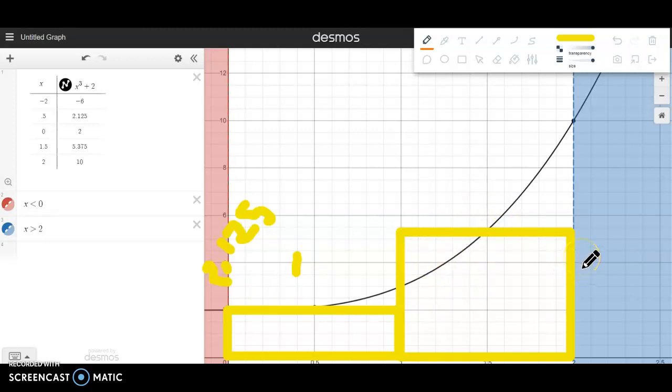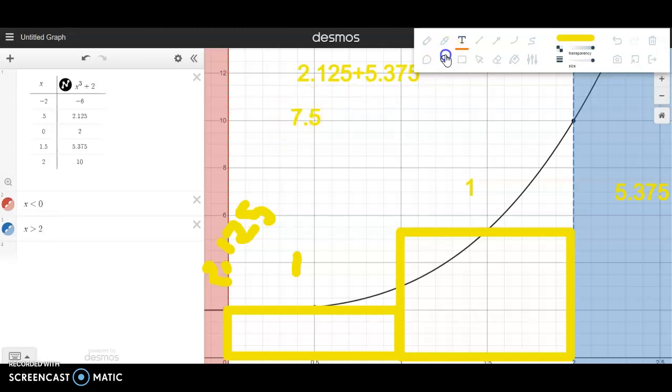The height at 1.5 is 5.375, and across is also 1 because that's our delta x. So we get 2.125 times 1, plus 5.375, which gives our estimated area. Adding those together, I believe it is 7.5.